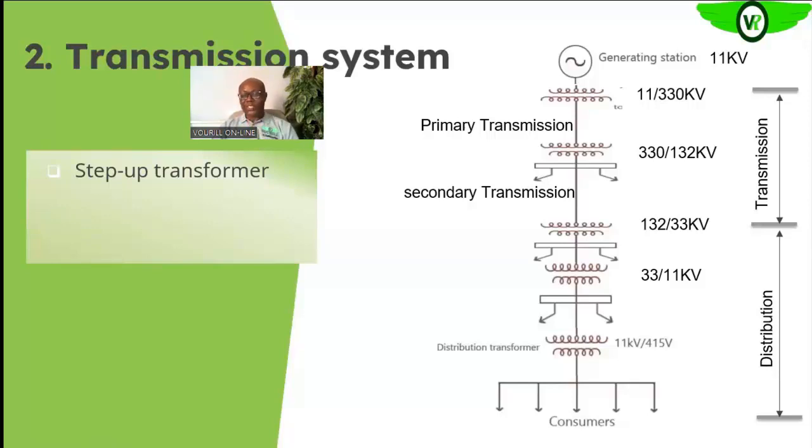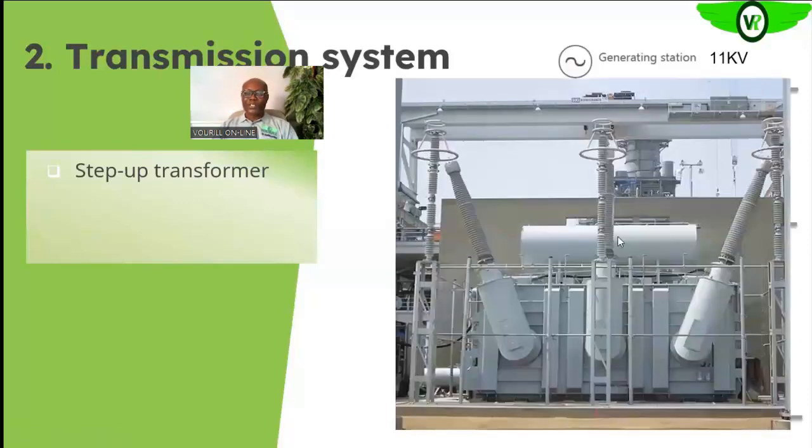That is why it is called a step-up transformer. In this case, it is taking it to 330 kilovolts. That is the voltage that we transmit in this particular part of the world, okay? So this is an example of the transmission transformer.